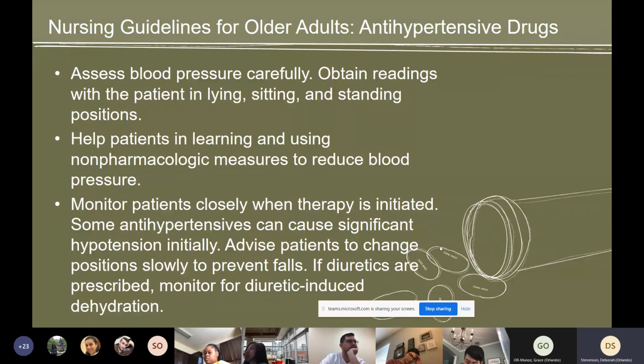And when you first give a patient an antihypertensive, they can actually develop a really, really low blood pressure initially. Like if a patient goes from one type of blood pressure to another, the body has to adjust to it, and so they have a higher chance of developing dizziness, syncope, and falling due to that hypotension. So it has to be adjusted.